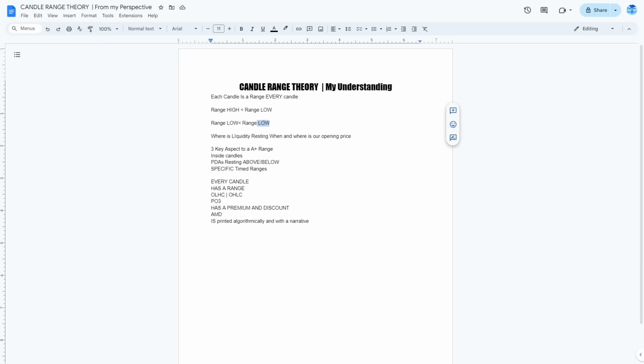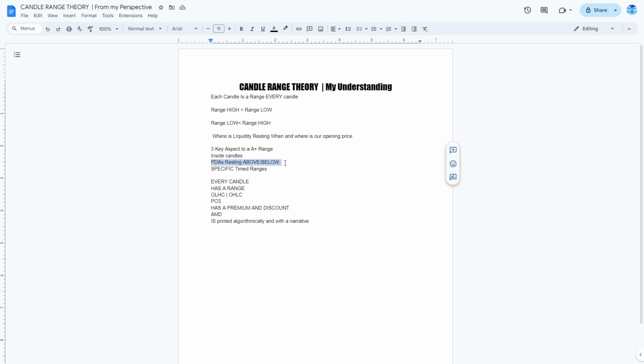With candle range theory, we also want to have the key notes of where liquidity is resting, and when and where our opening price is. There are three key aspects to an A plus range. We have inside candles, specifically higher time frame inside candles.